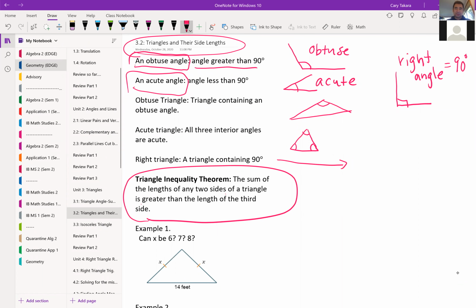Okay, so a right triangle is a triangle that contains a 90-degree angle in it. So I will be using some of those words in the problems from now on. And so I would like you to remember that.